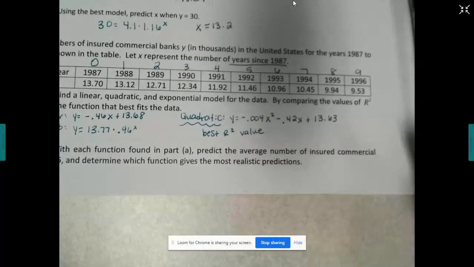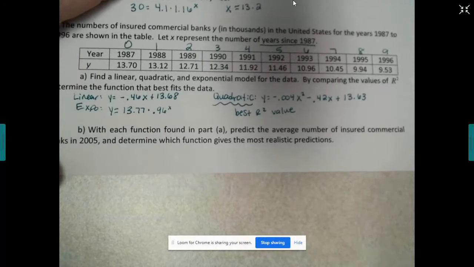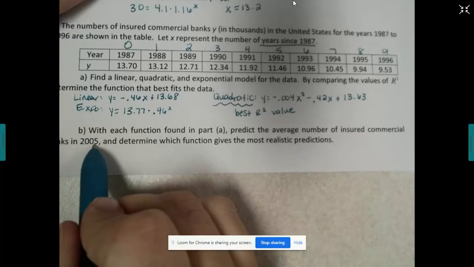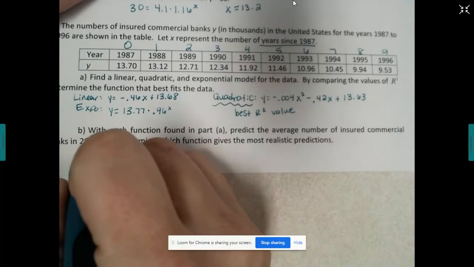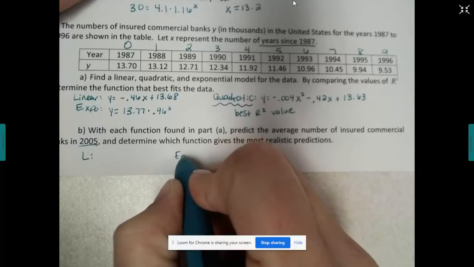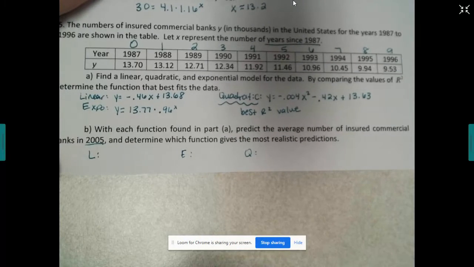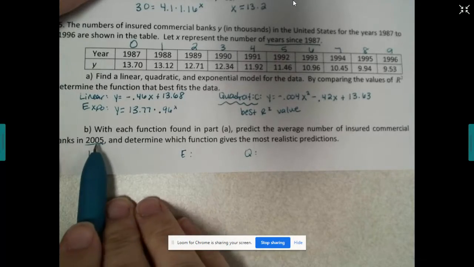So for part B, we want to know, with each function found in part A, we want to predict the average number of insured commercial banks in 2005. So we want to look at linear, exponential, and quadratic and see which one has the most realistic prediction. So I'm looking at 2005.